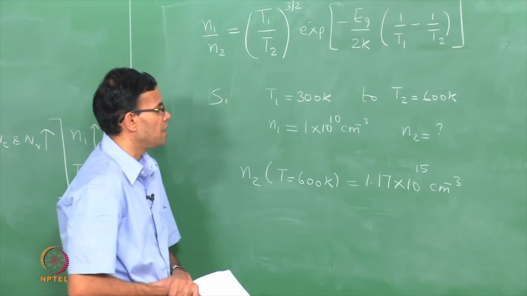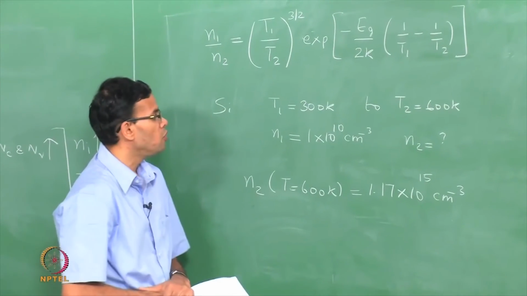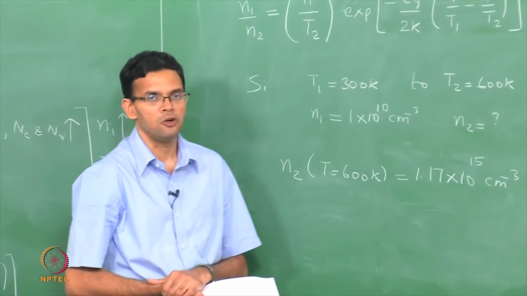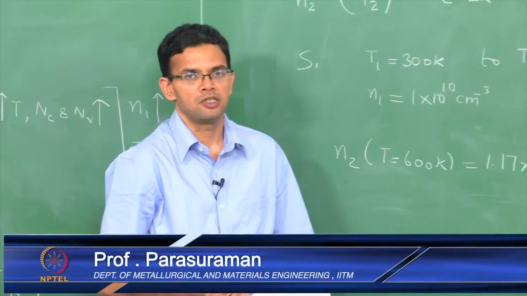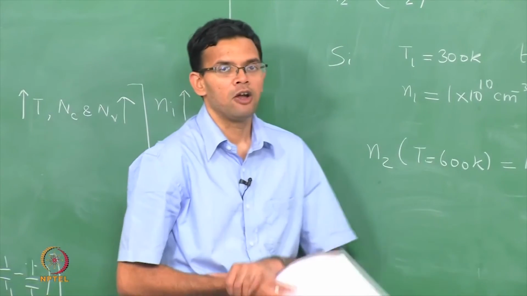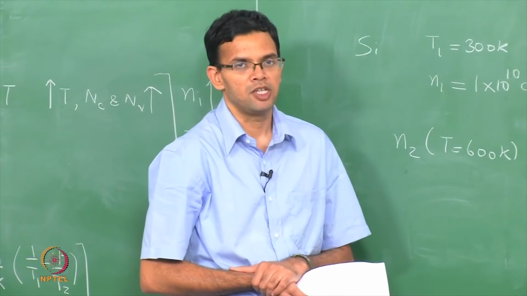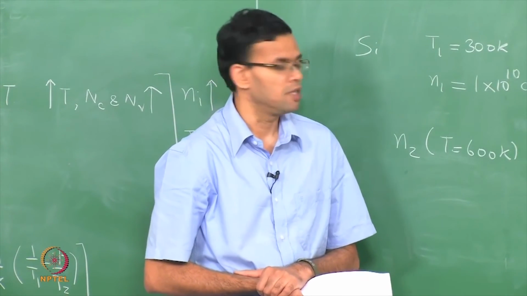To increase the conductivity, we have to increase temperature. The problem though is most devices we know operate near room temperature or at room temperature. So, really we cannot increase the temperature beyond the normal operating temperature to increase conductivity.